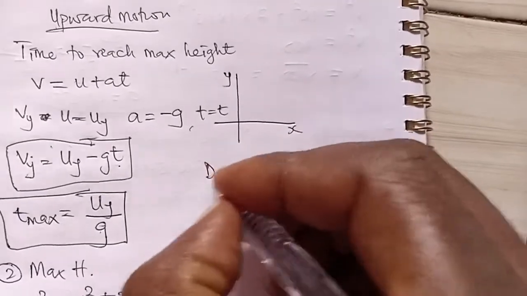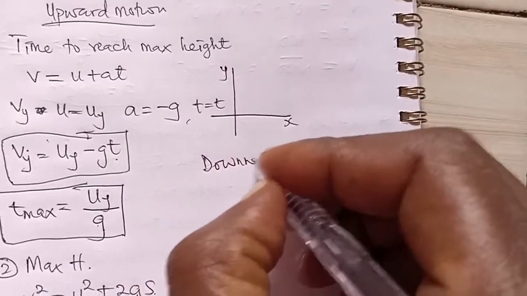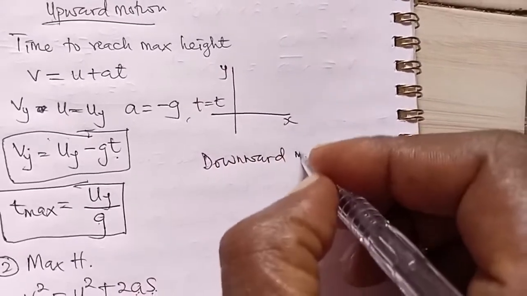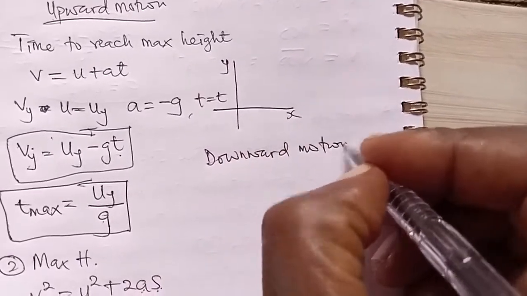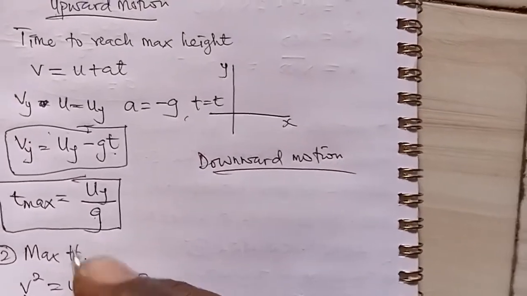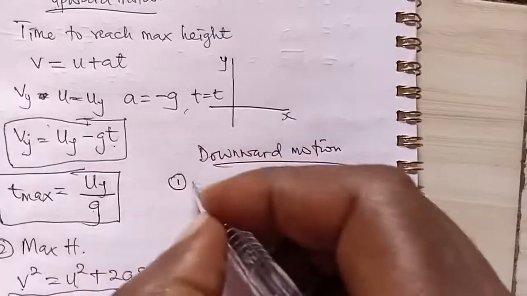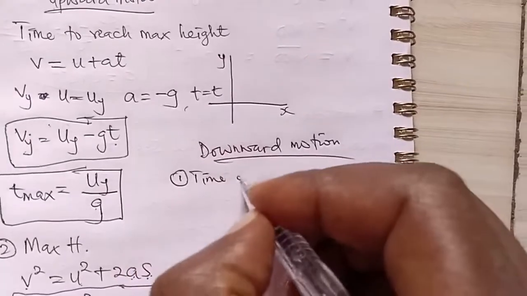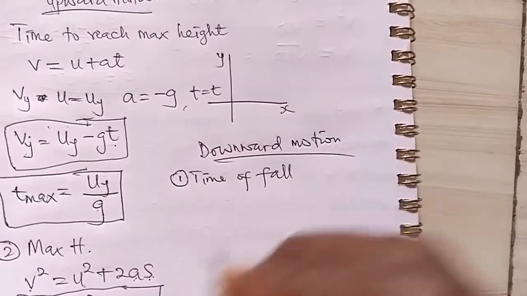If we consider downward motion, the technicalities are different here now. That's the opposite of this one. The first one, we can calculate time of fall.